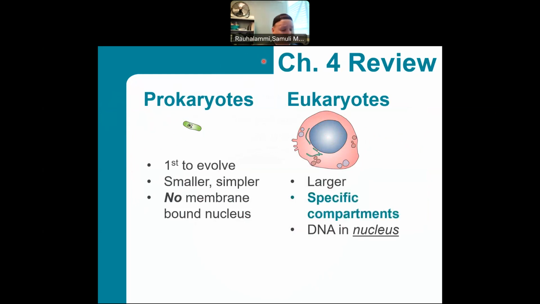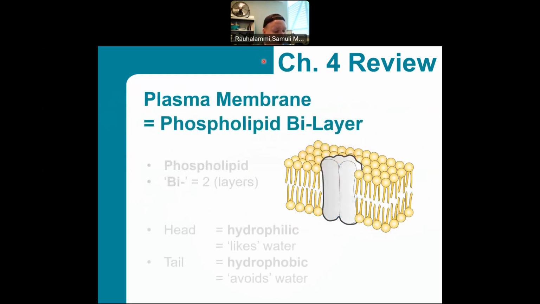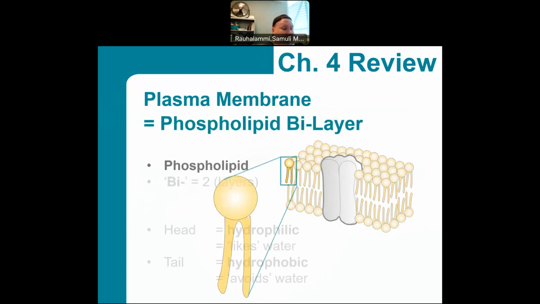And these specific compartments are really what is important when we talk about eukaryotic cells. Here is a sample of an animal cell. Let's have a look at different parts of a cell, and let's start with the cell membrane, the plasma membrane. You remember earlier on I referred to the plasma membrane as a phospholipid bilayer. By that, I mean that it's made of individual phospholipids, and there are many of them.